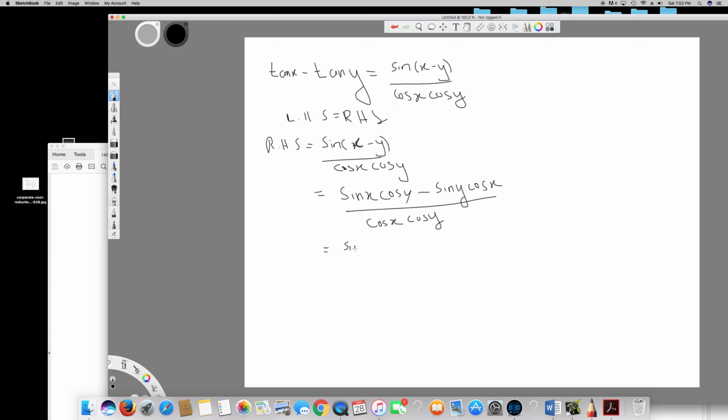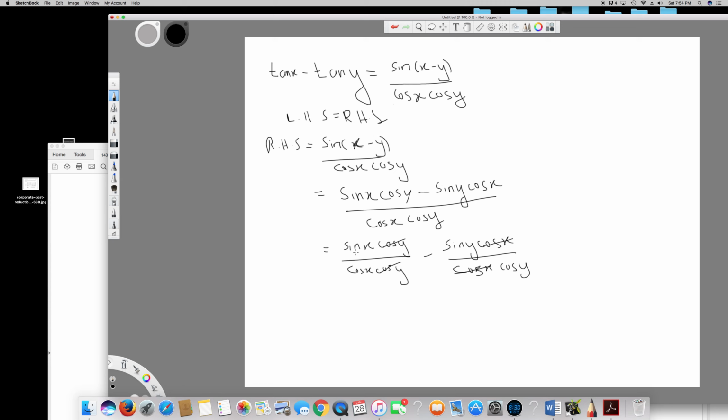Sin x cos y over cos x cos y, minus sin y cos x over cos x cos y. From the first one we can cancel cos y and cos y, and from the second one we can cancel cos x and cos x.